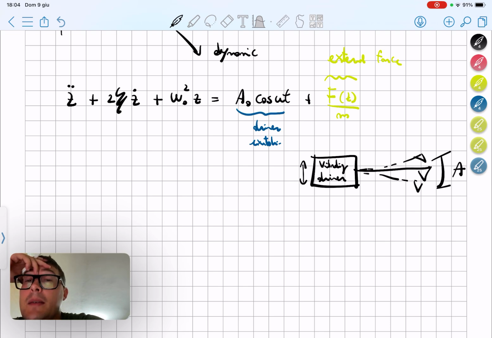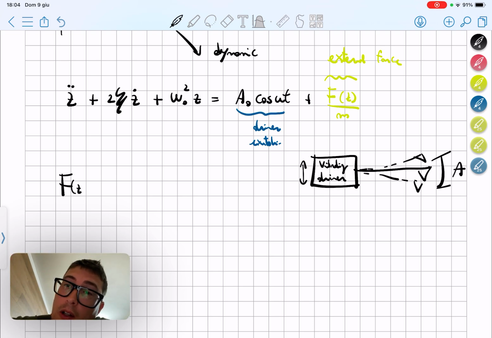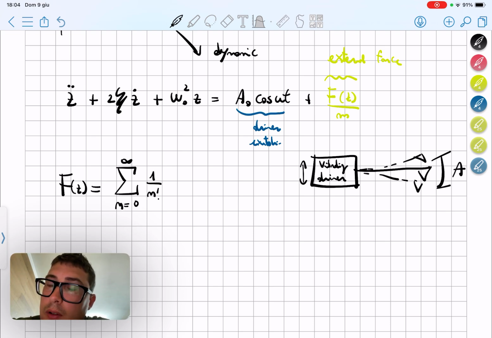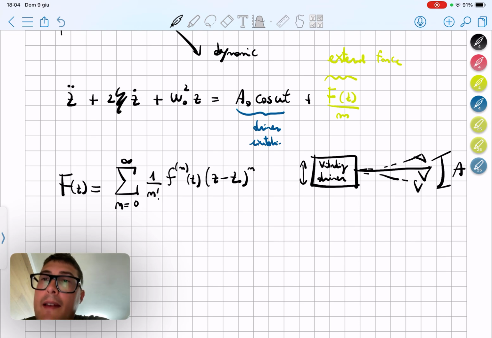essentially the important point is to focus the attention on this F of z, on this external force, because if this force is sufficiently small, we can think about Taylor expanding it, and if we Taylor expand it, say not z, I'm sorry, but this is the sum n from 0 to infinity of 1 over n factorial, the derivative of F of z times (z minus z naught) to the power n.